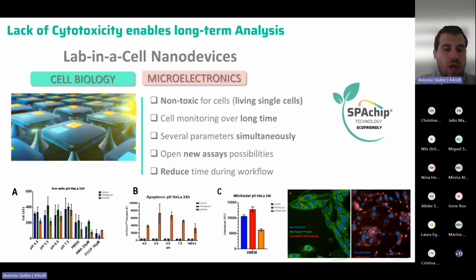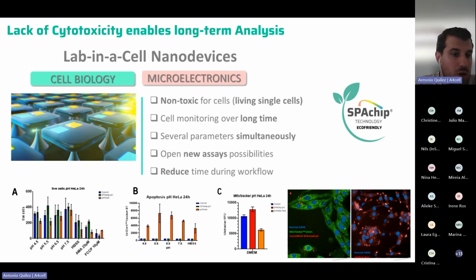So the best feature of these lab in a cell devices, because that's what we are going to have, the possibility of having a lab inside our living cell, is that as they are non-toxic, they allow us to monitor cells over time and analyze different parameters simultaneously.